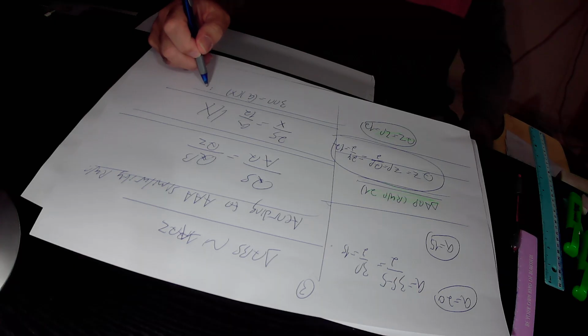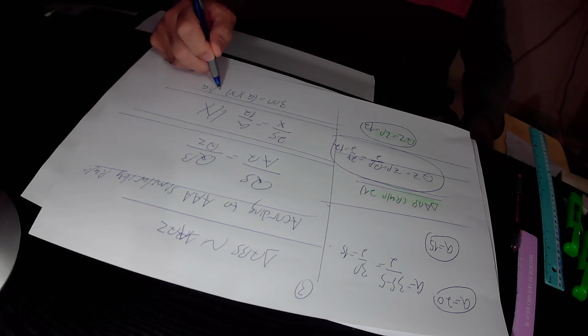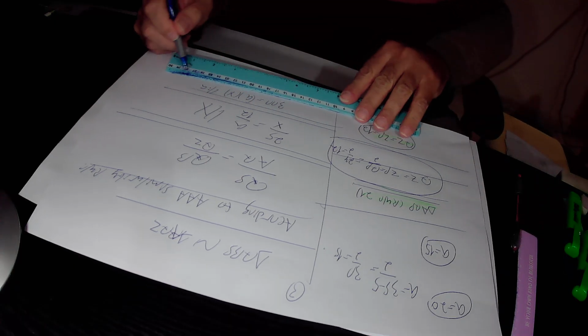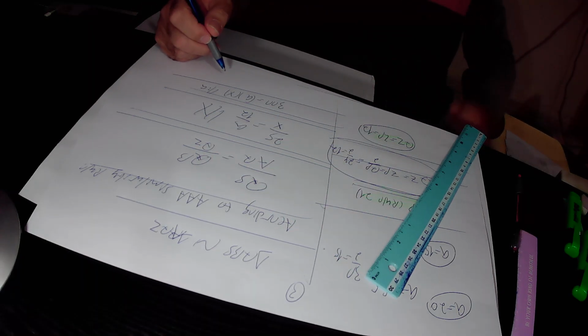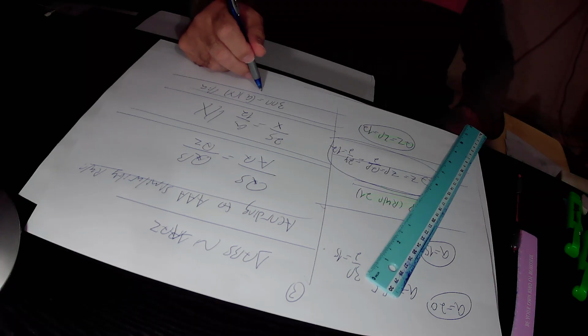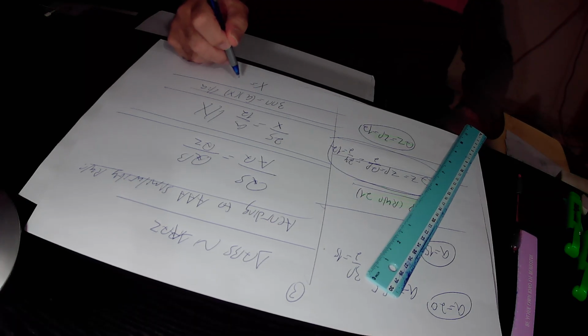Here we divide this equation by 8 and finally get that X, that is the variable that we are looking for, is equal to 300 over 8.